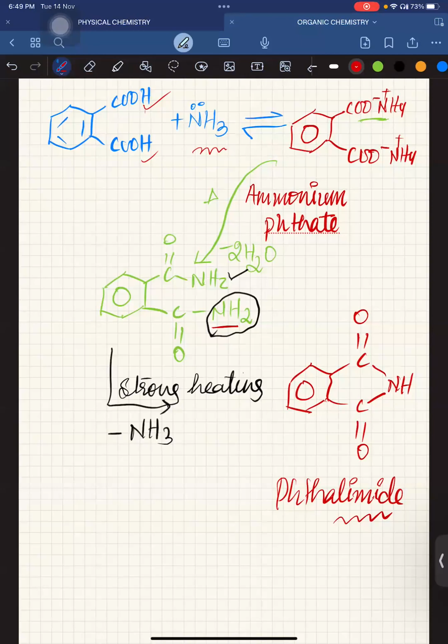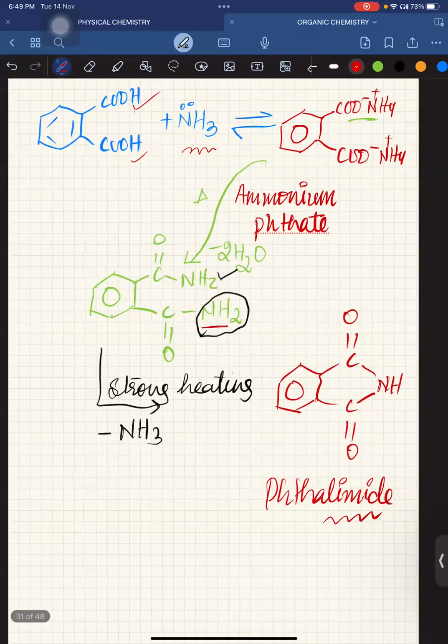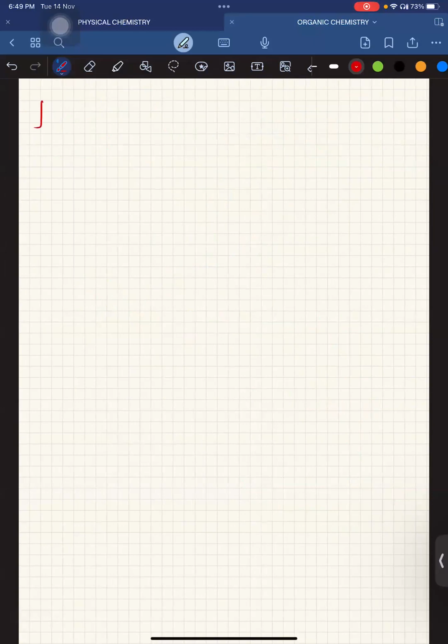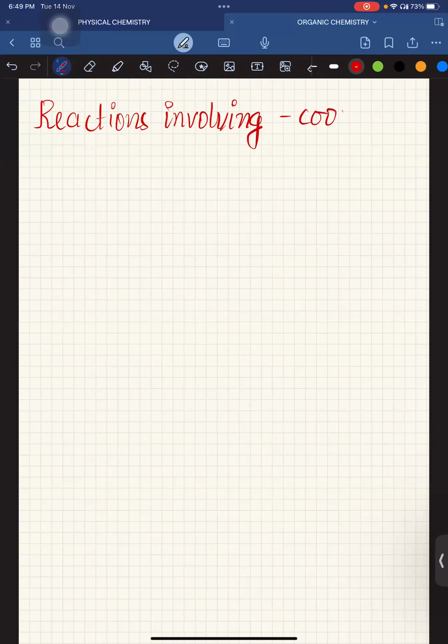Now, the next chemical reaction we are going to see is reactions involving the COOH group.